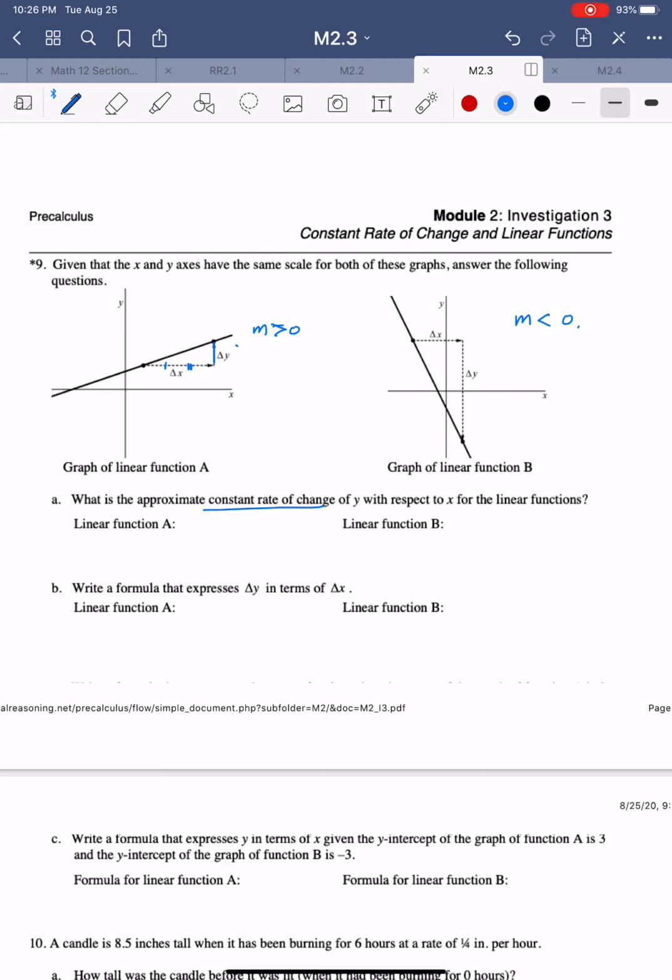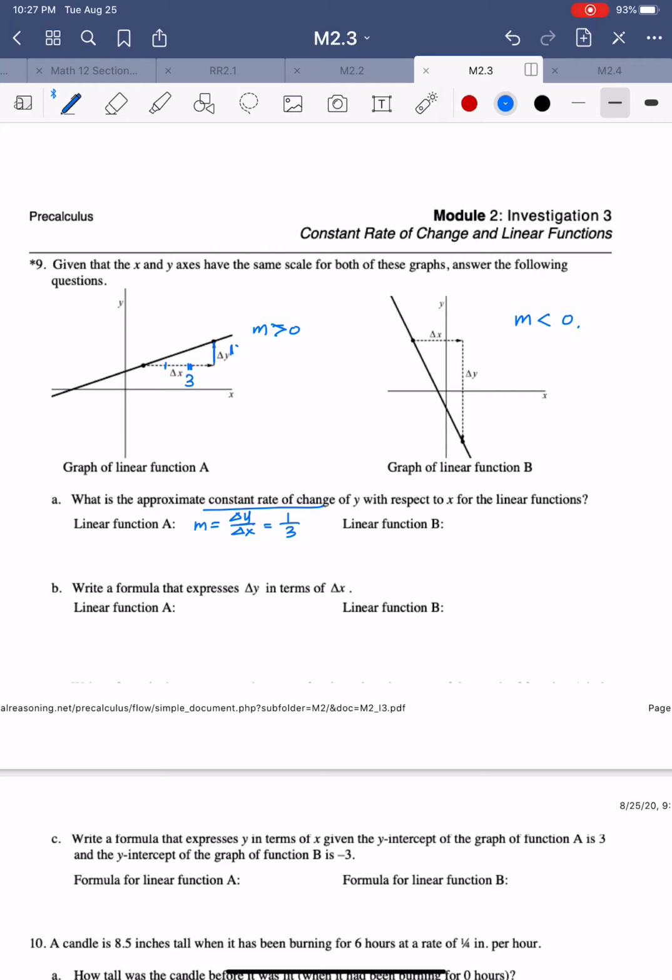There's a 1 as the change in y, and a 3 as the change in x. So the slope m is delta y over delta x, which is 1 over 3. It appears that the change in y is about 1/3 times as large as the change in x.